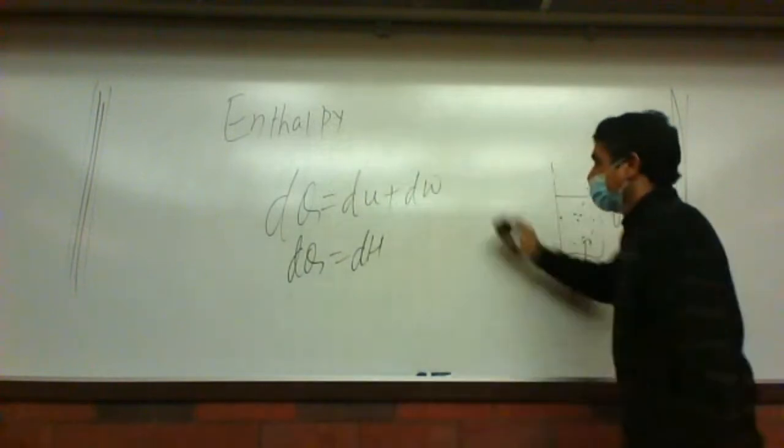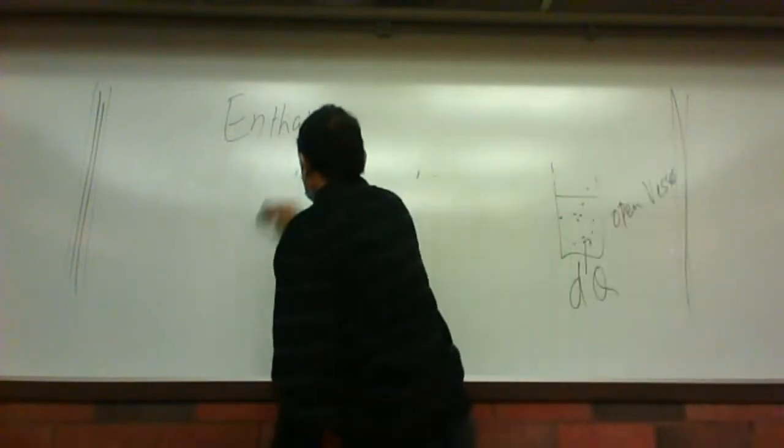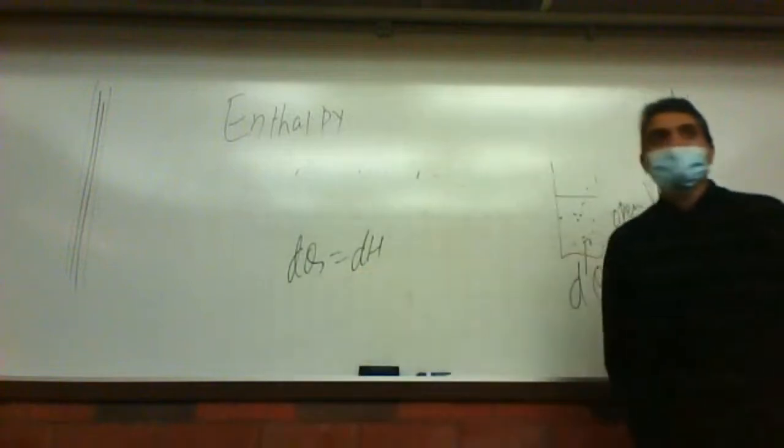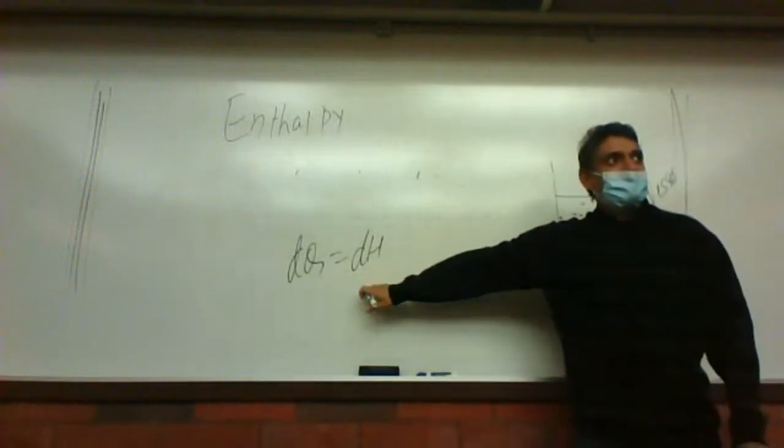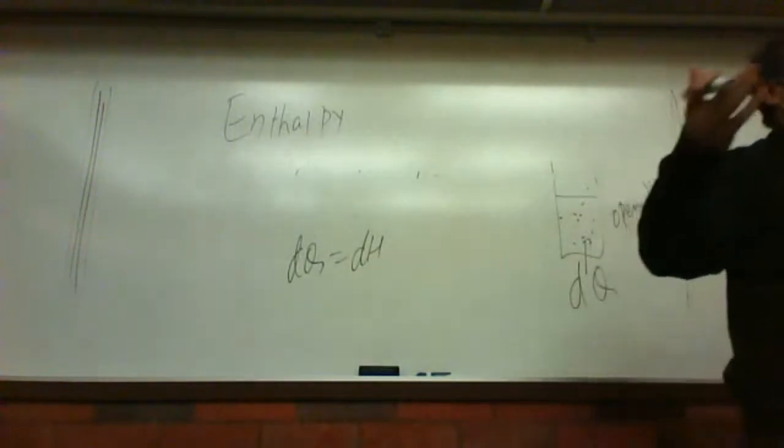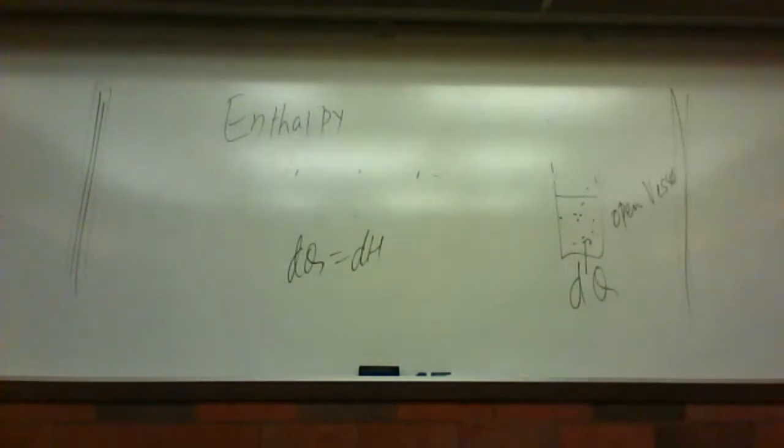So it's the same thing. Don't use this one, just use this one. dq is dH. At what condition? The condition is you are doing the reaction at 1 atmospheric pressure, meaning that you go to the laboratory, take an open vessel, do the reaction, and measure the heat. The heat you measure there is called the enthalpy. Make sense?